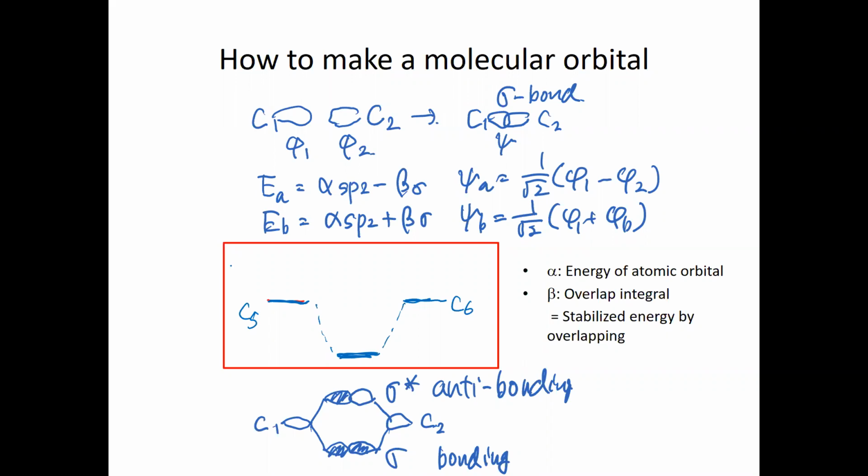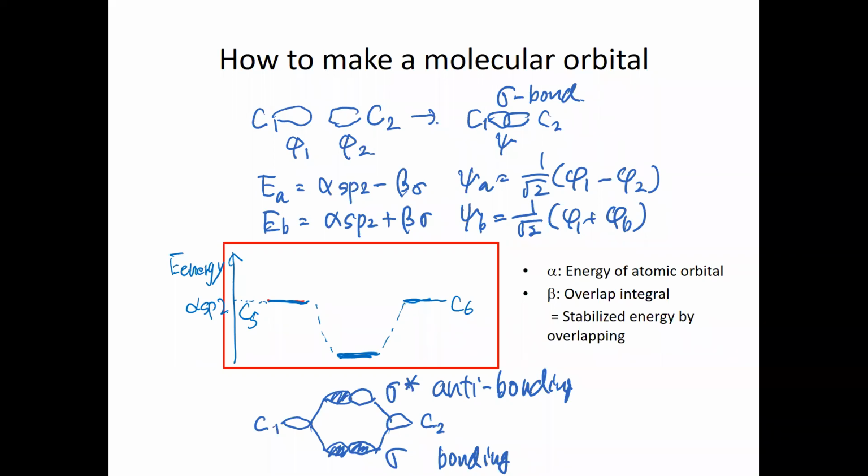If you take the energy axis, this original value is called alpha sp2, the energy of the sp2 atomic orbital.